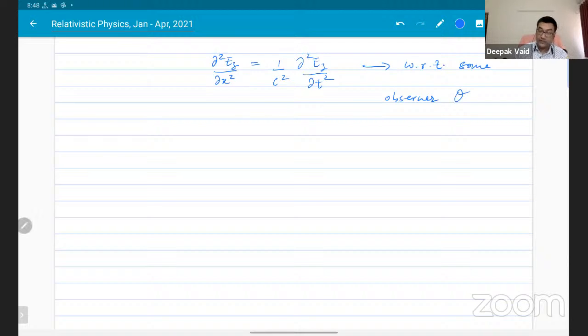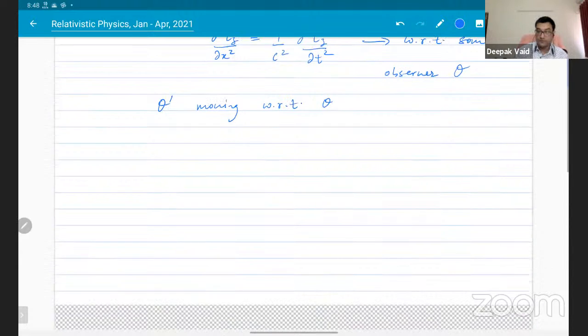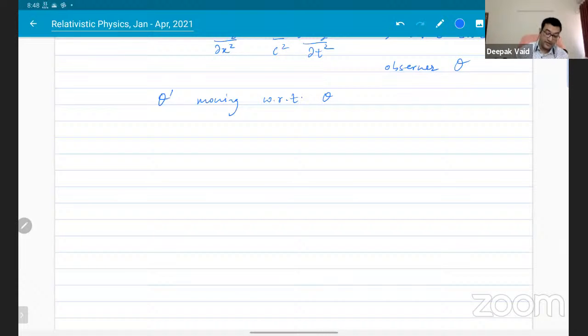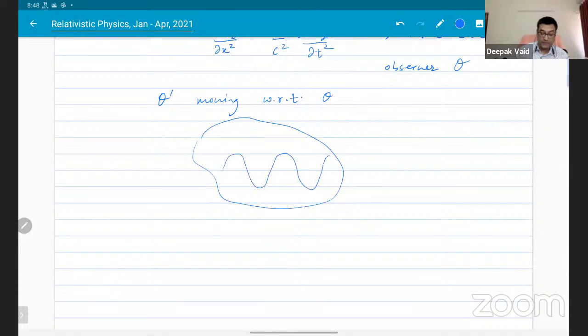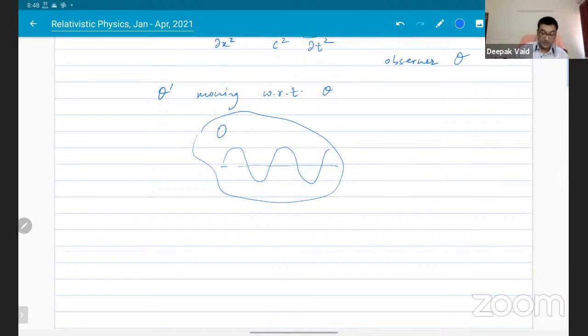Now, we have been studying relativistic physics, so obviously the next natural question is to ask, what if you have some observer O prime moving with respect to O? So you have this wave. This is the O reference frame.